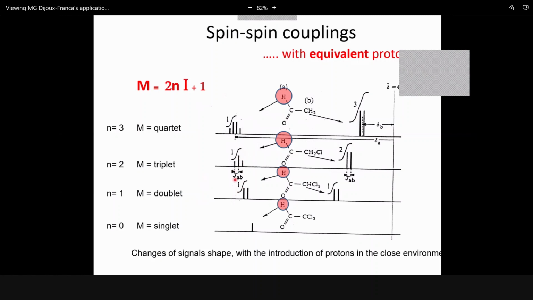And these signals are called a triplet and a quartet because they have this shape. If I have four lines with equal height, this will not be called a quartet. It's something else and it means something else. We will see that a little bit later.